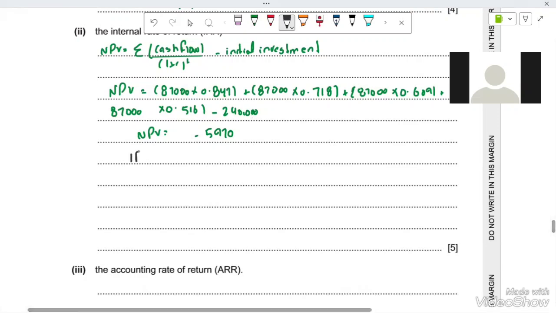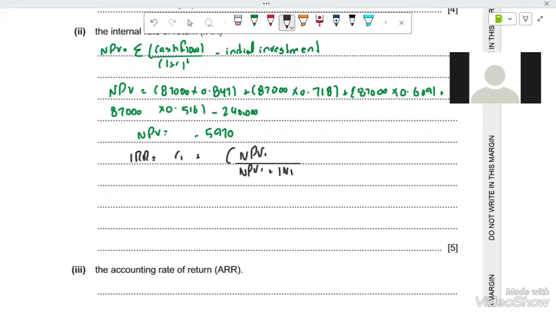It is R1 plus NPV1 divided by NPV1 plus NPV2, where NPV1 we found in the first part. This is the formula, multiplied by R2 minus R1.